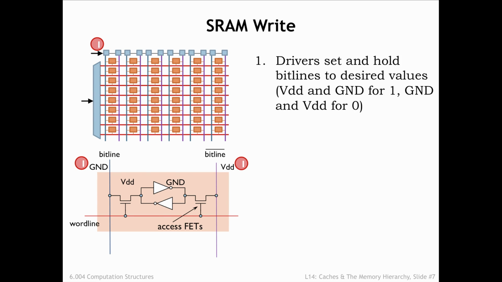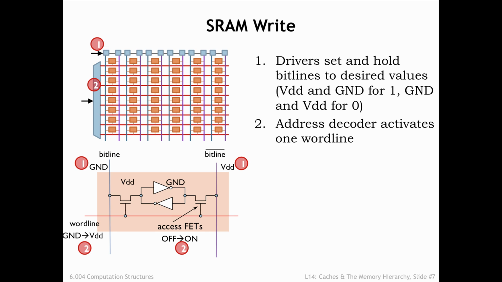Write operations start by driving the bit lines to the appropriate values. In the example shown here, we want to write a 0-bit into the cell, so the left bit line is set to ground and the right bit line is set to VDD. As before, the address decoder then sets one of the word lines high, selecting all the cells in a particular row for the write operation.